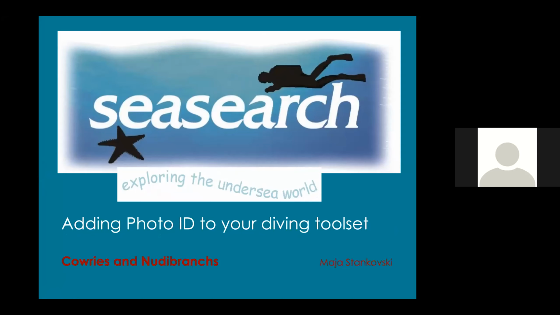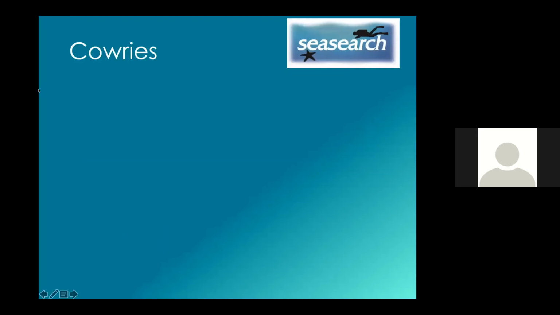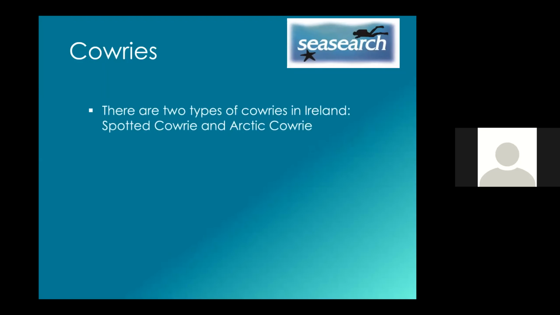But just before we go to nudibranchs, we'll talk a little bit about cowries, which are quite often overlooked in Ireland, but they are still very, very interesting. So we have in Ireland two types of cowries, two different species: the spotted cowrie and the Arctic cowrie.